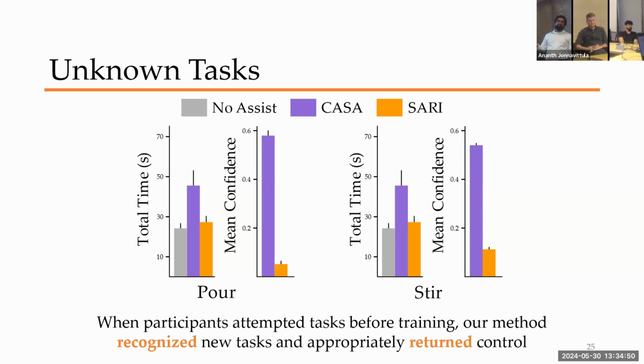The next one is CASA, which is pretty much considered to be the state of the art in these kinds of repeated shared autonomy situations. The way CASA works is it comes up with a model for how the human works, and then it tries to fit their actions into these models. So the idea is, let's say it saw a bunch of demonstrations for picking.